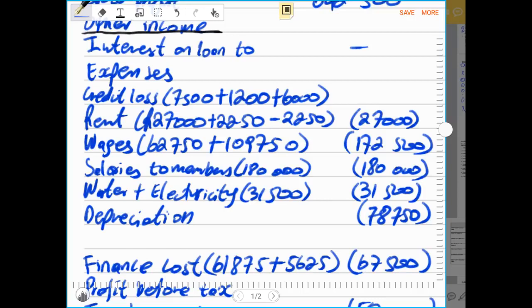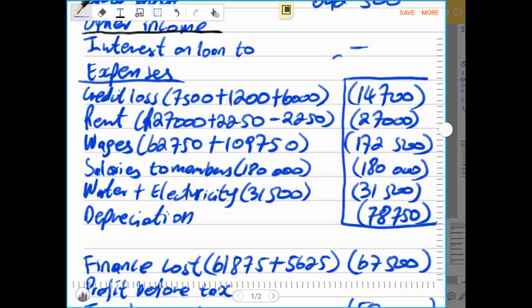Our credit losses will be 7,500 plus 1,200 plus 6,000 rands. That will be 14,700 rands.